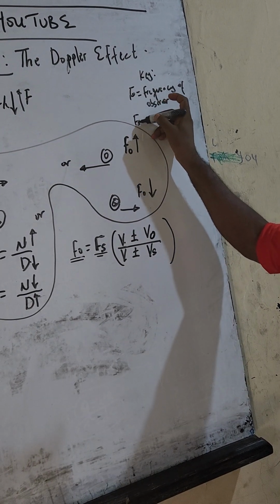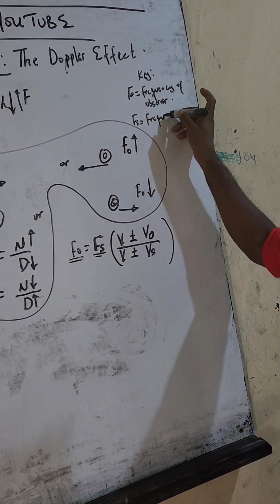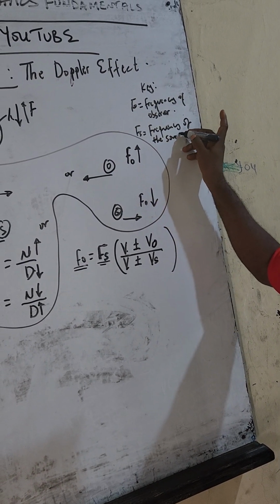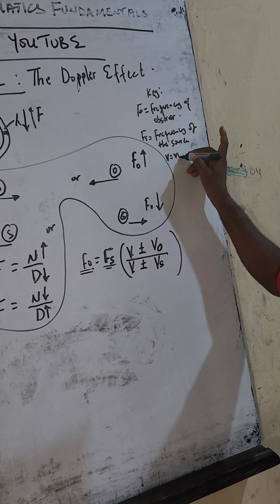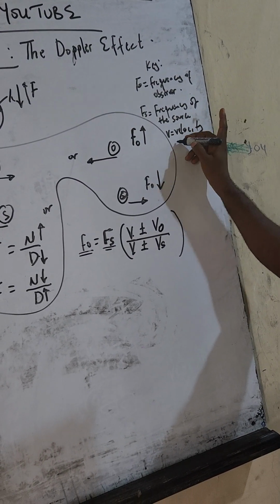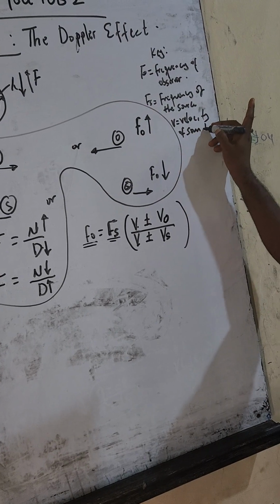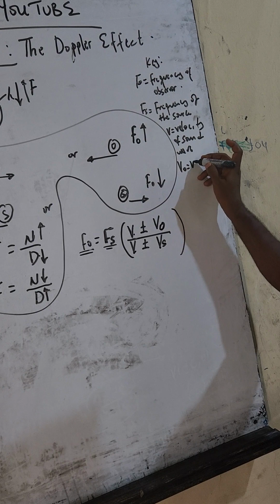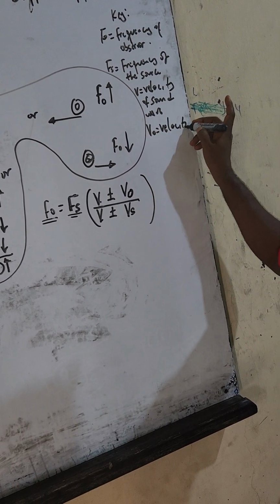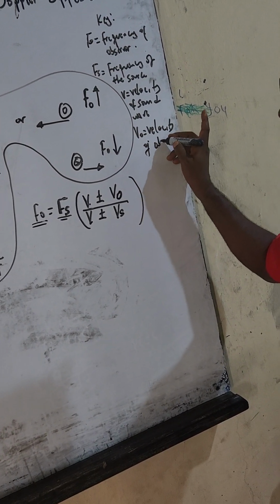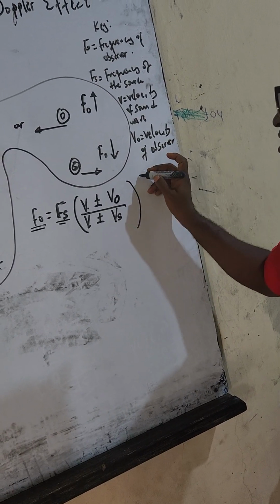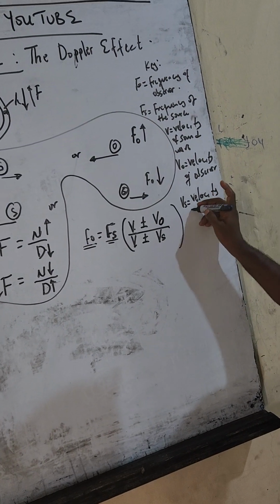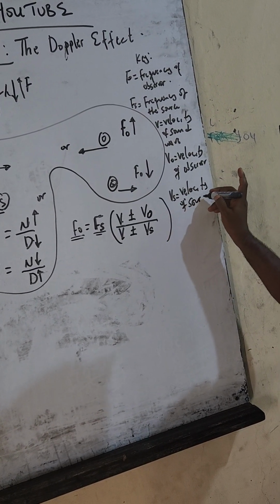Then Fs is the frequency of the source, and V is the velocity of the sound wave, and then V naught is the velocity of the observer, and then Vs is the velocity of the source of the sound wave.